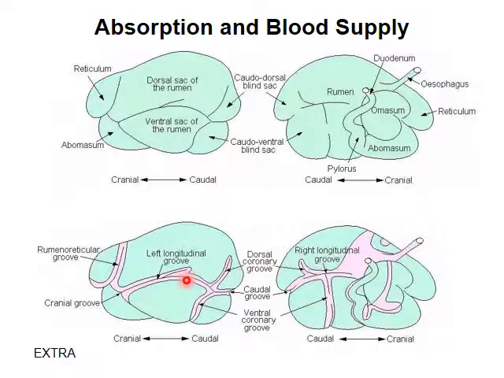You have all these grooves where the nerves travel along, and they innervate the muscles of this GI tract, this big forestomach. There's also a huge blood supply to and from this. Blood from the heart surrounds this with a bed of capillaries, and then those capillaries come together and the blood exits through the portal vein.